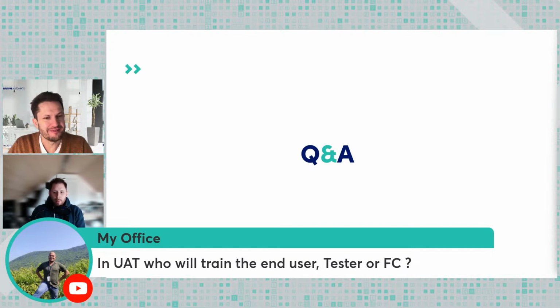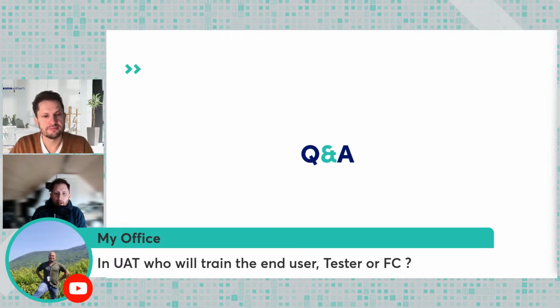So maybe not the tester. A tester could, but very often testers don't have so much deep knowledge. I would say if after UATs you're going to build the testing, you will work with subject matter experts to build that raw recording of the process.